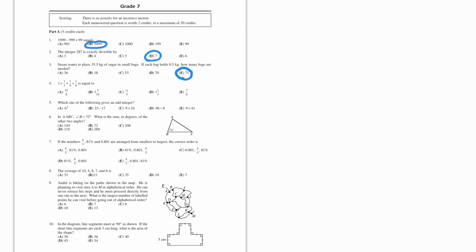Number 4, 1 plus 1/2 plus 1/4 plus 1/8 is equal to what? Common denominator, the least common denominator is 8.